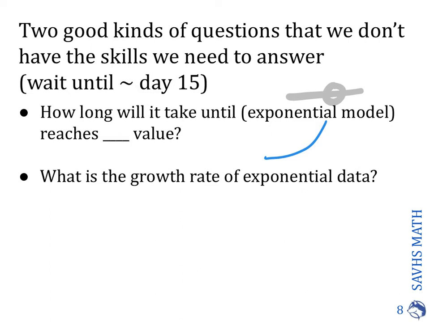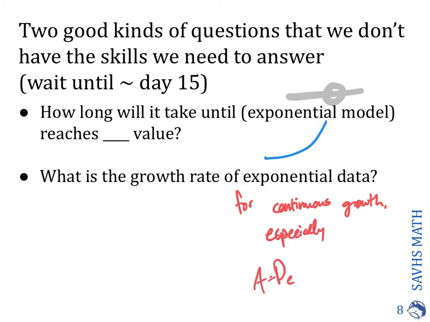The other one that is really important, especially for continuous growth, which means we're using A equals Pe to the rt, is finding this growth rate, which can be very difficult because it's in the exponent. And the same thing with the time. If we're working with A equals Pe to the rt, then we're trying to find the time.